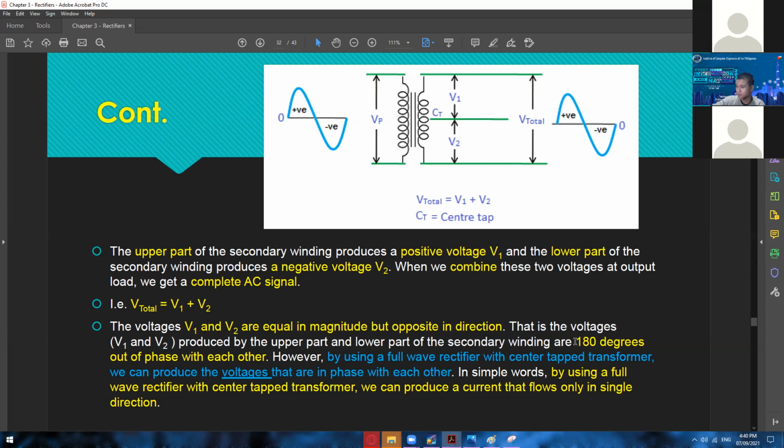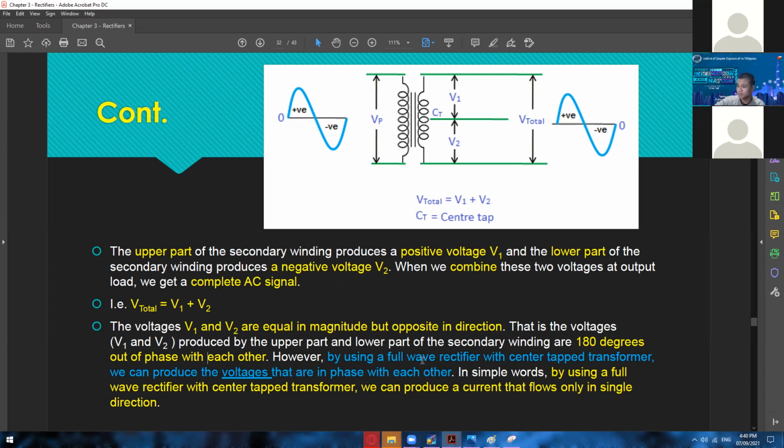So in here, take a look at this one. Most full wave rectifiers are 180 degrees out of phase with each other. Meaning if we have a positive half cycle, of course it's going to have a 180 degrees turn around for the negative half cycle.